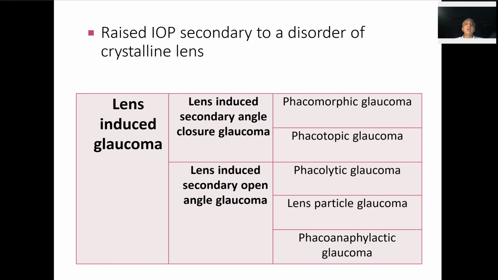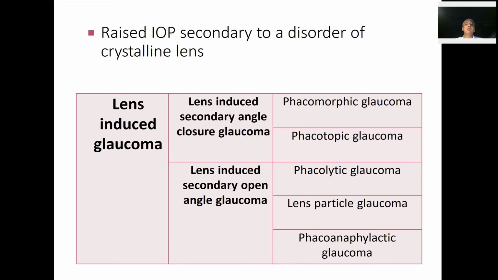Lens is a very important structure, and I think cataract is something which is asked very frequently in examinations as well. So lens-induced glaucoma can be either due to secondary angle closure, or secondary open-angle glaucoma.